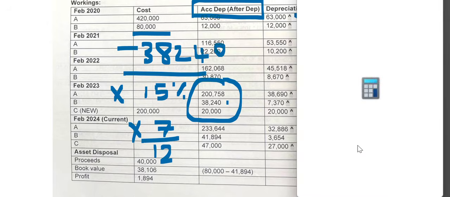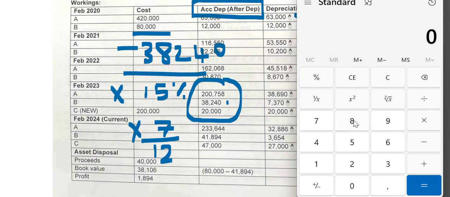So the cost price was 80,000 minus, at the start of the year, the accumulated depreciation for B was 38,240, is 41,760. Okay, that is the book value at the start of the year.